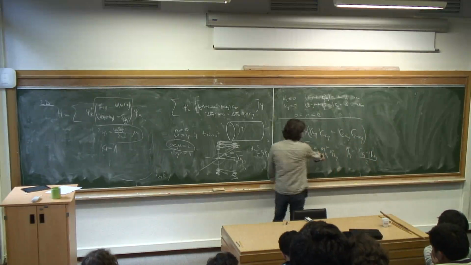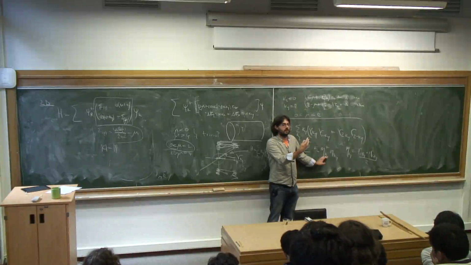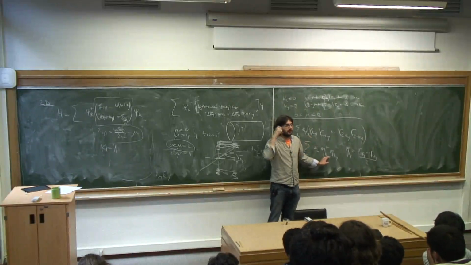Okay? Now this is a complex fermion. It's a chiral fermion, right? And this is just the edge of a quantum Hall effect. It describes the edge of a quantum Hall effect, right?